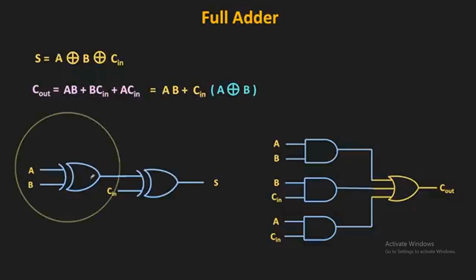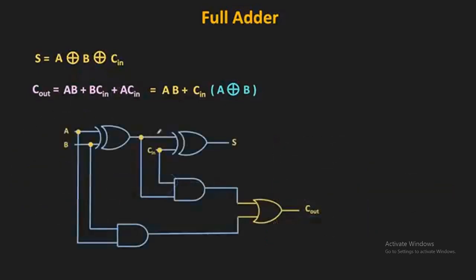So Cout will be equal to AB plus C in into A XOR B. Using this part, we can generate the carry output. So this is another way of generating the Cout.